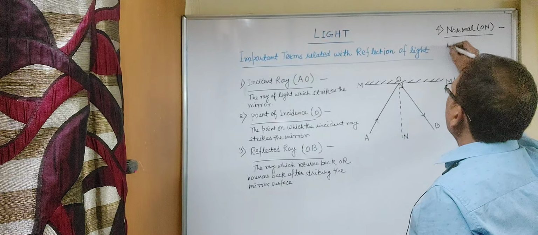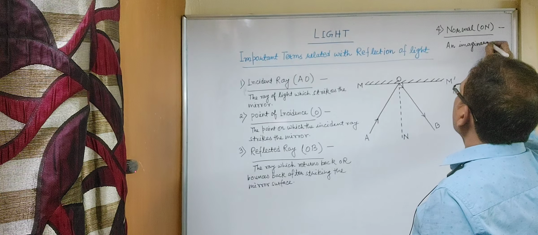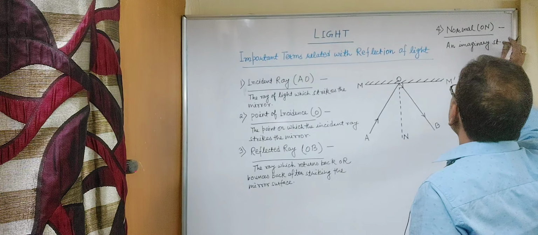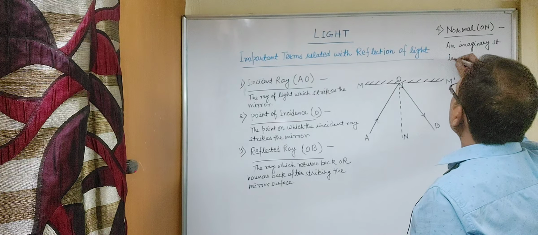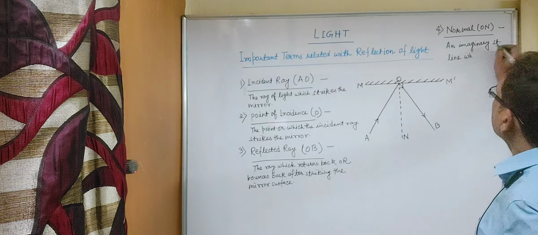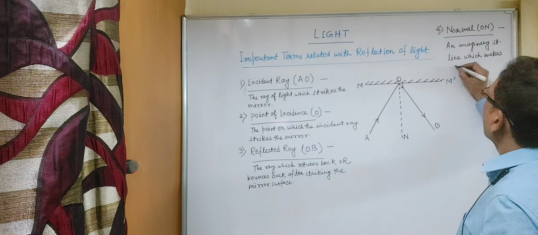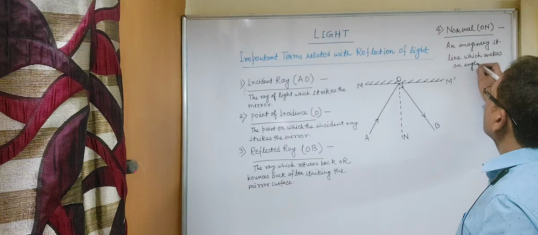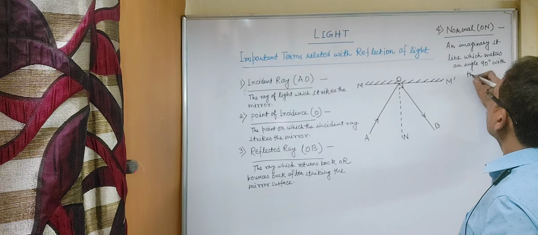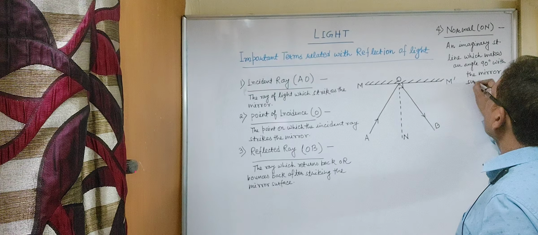Normal means an imaginary straight line which makes an angle of 90 degrees with the mirror surface.